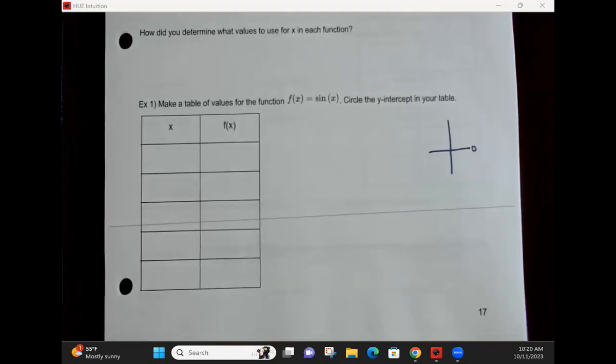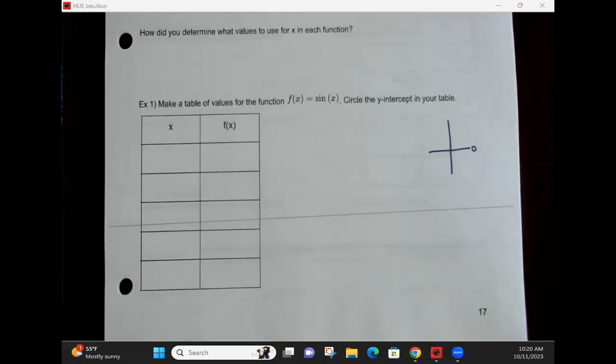Could I take the sine of 1? Could I versus do I want to? Could I? Sure. Do I want to? No. Could I do the sine of 2? Could I? Yes. Do I want to? No.